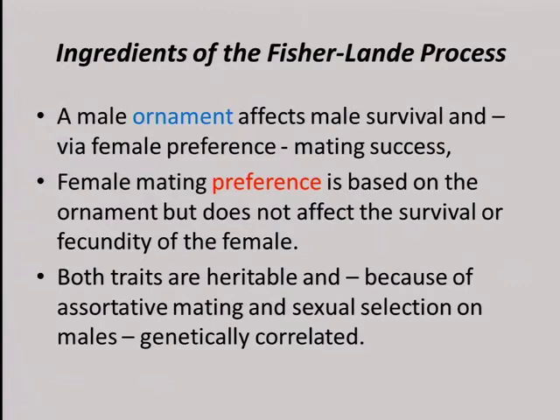So as a consequence of that, you build up a genetic linkage between the preference in the female sex and the ornament characteristics in the male. That is to say, males that are most preferred by the females produce sons with large ornament values, but they also produce daughters with extreme values for the preference. And that's a manifestation of this linkage that's built up and maintained in the population. And that's a key to some of what we're going to see in a minute.